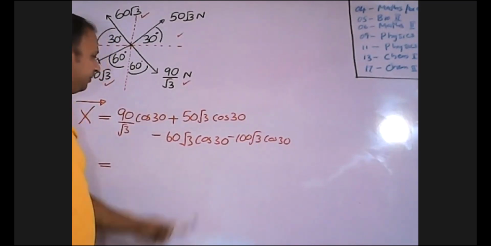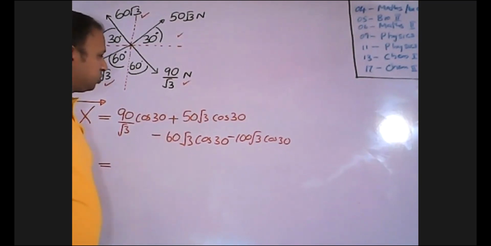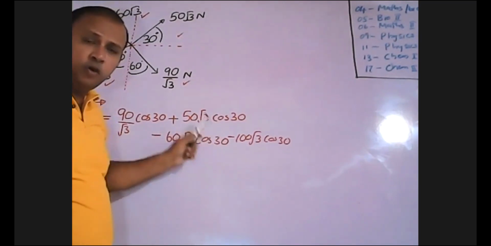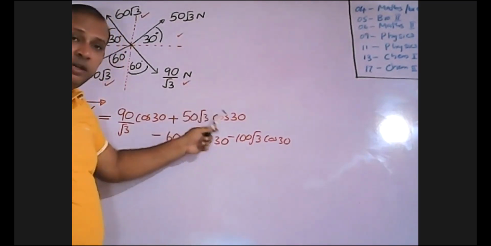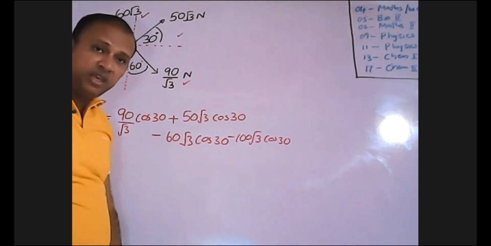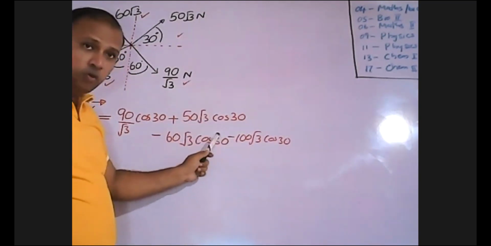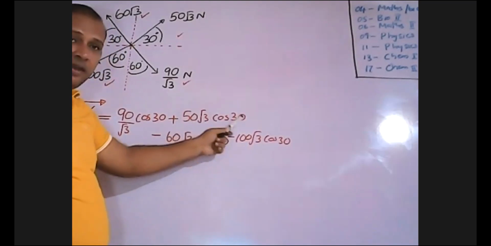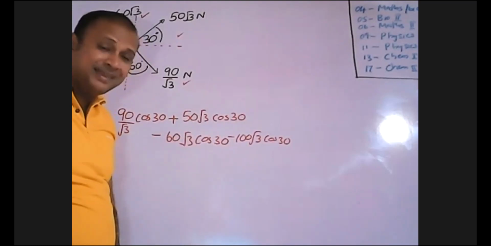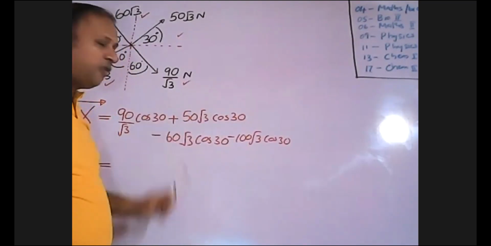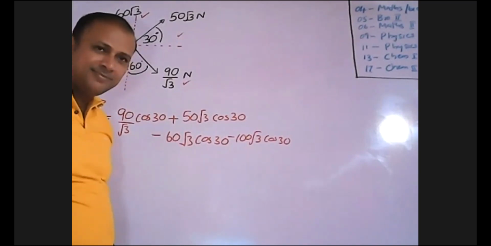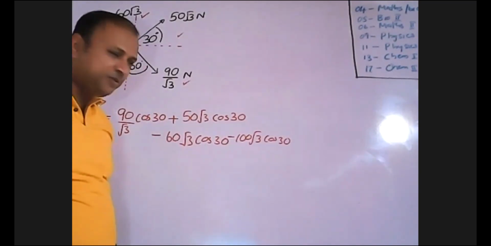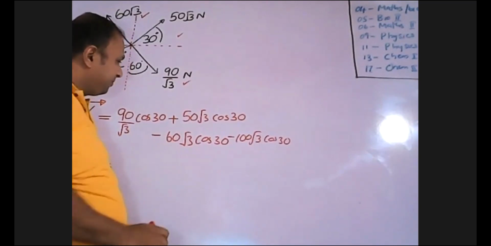Then root 3 into root 3 means 3 over 2, that means 25 into 3, 75. 75 plus 45, how much? 120, no? It is 120.